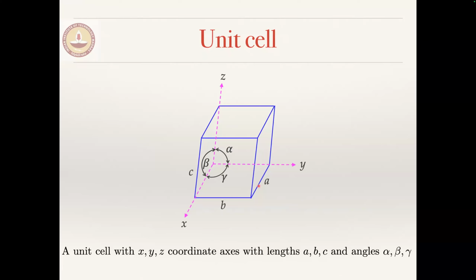Yes, sir. The point is, when you are generating lattice points, you have to take a unit cell which, by translating, fills the entire space. That is the idea. But how do you translate it?